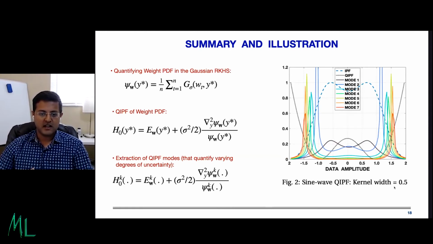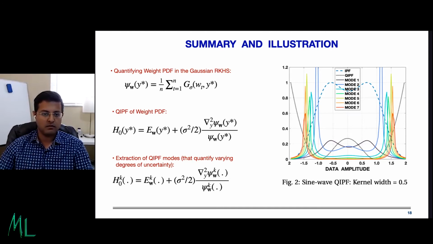So essentially, our framework consists of three very simple back-to-back formulations. First, we quantify the weight PDF in the Gaussian RKHS using the IPF, and we can evaluate that at any output point of the model. And that gives you the predictive PDF of the model, an approximate initial solution of the predictive PDF of the model at any output point Y star. Then we use the Schrodinger's equation.